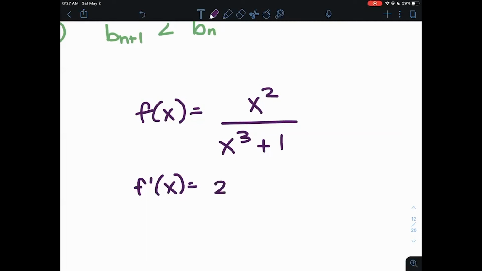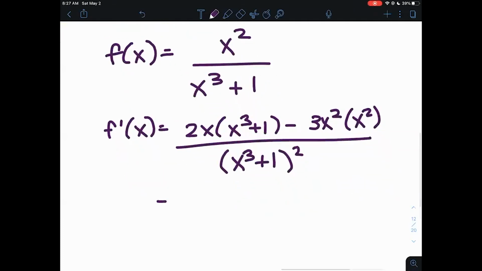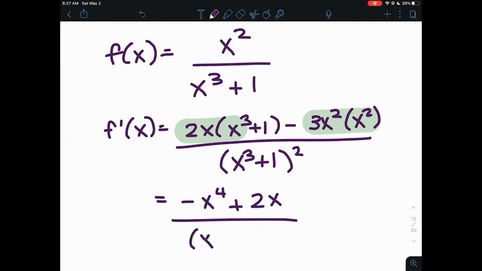Derivative of the numerator times the denominator minus the derivative of the denominator times the numerator over the denominator squared. And that would give us, here we have 2x to the 4th, and then we have 3x to the 4th, so that gives me negative x to the 4th plus 2x.